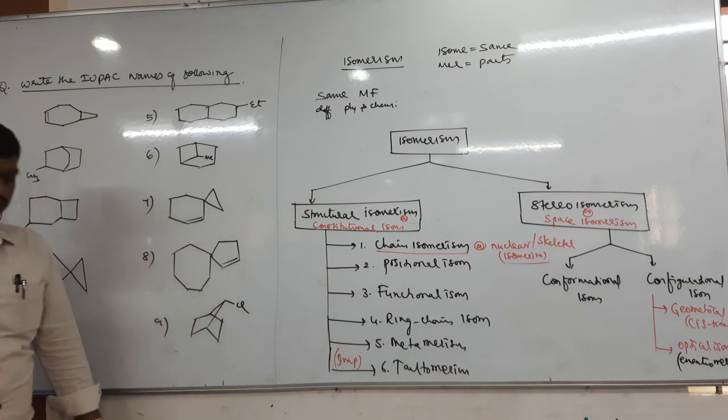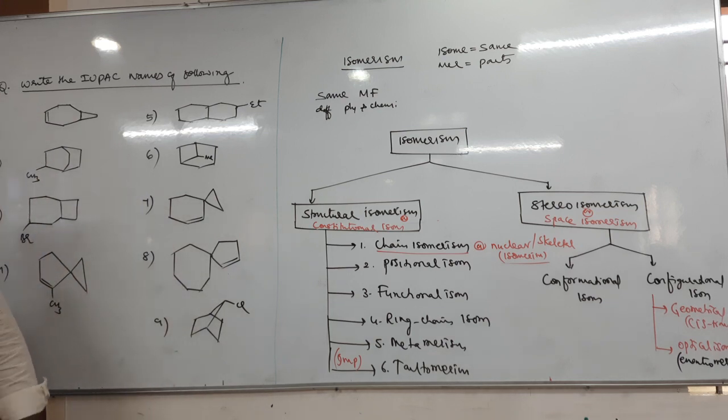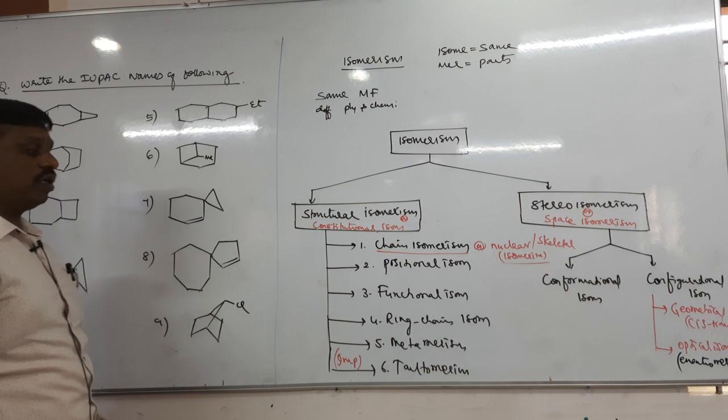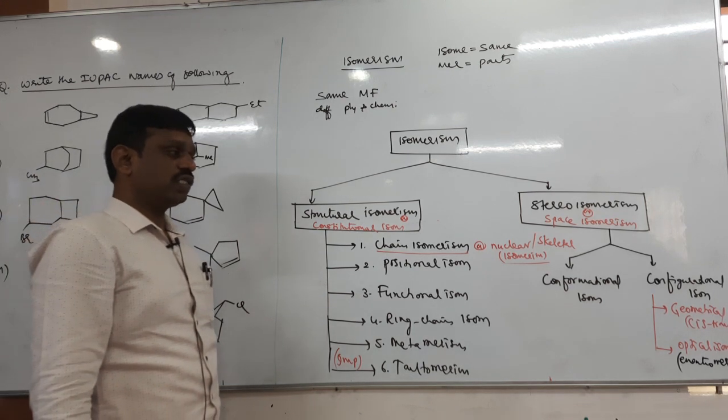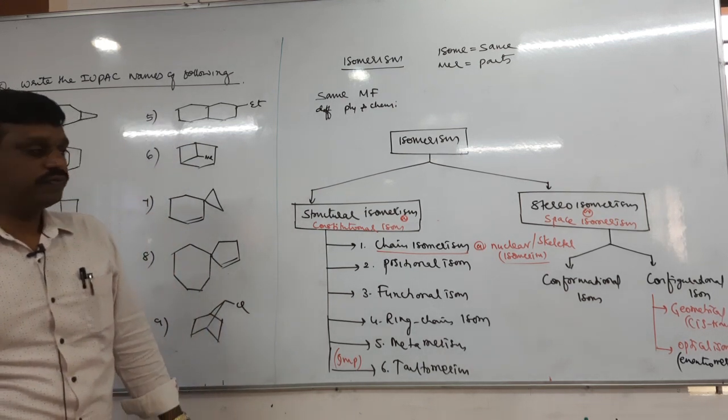Structural is further classified into 6 types: chain, position, functional, ring chain, metamerism, tautomerism.